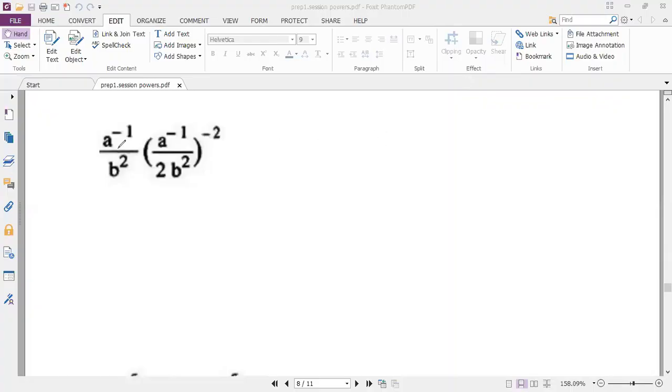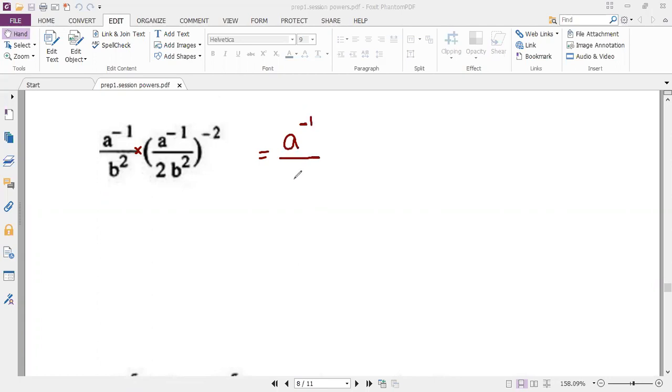Here we have a to the power of -1 over b to the power of 2, multiplied by a to the power of -1 over 2b to the power of 2, all raised to the power of -2. They are multiplying. So write the first fraction as it. It's a to the power of -1. Don't care about the negative power.